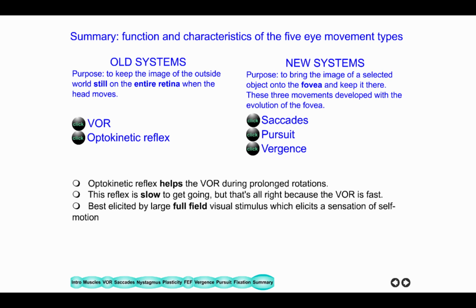And this reflex is slow in getting going, but that's okay because your VOR is fast. And it's best elicited by everything moving on your retina, not just a small little target. If a small little target moves on your retina, you generate pursuit.